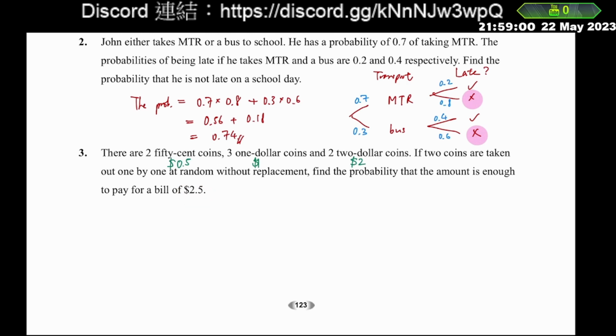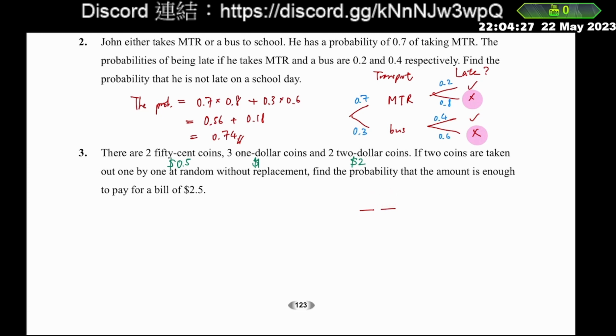Now you will discover from the amount of money given, if you want to pay a bill of $2.5, you must take at least one of the $2 coins. So to find the probability of this question, we consider the original method. We are going to draw 2 coins out, and the cases would be either the first one is a $2 coin and the second one is not, or the first one is not a $2 coin while the second one is, or the third case is both are $2 coins.